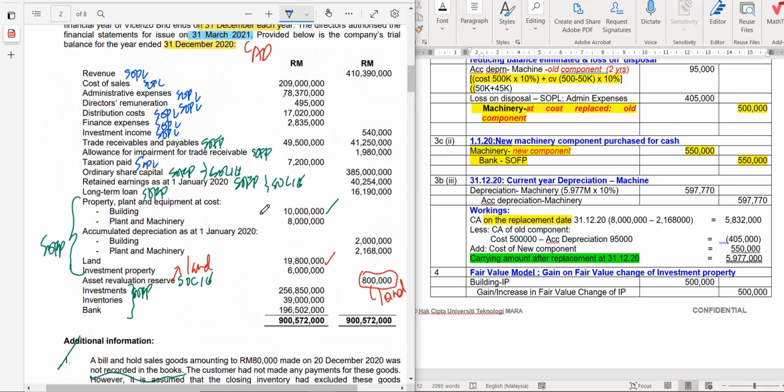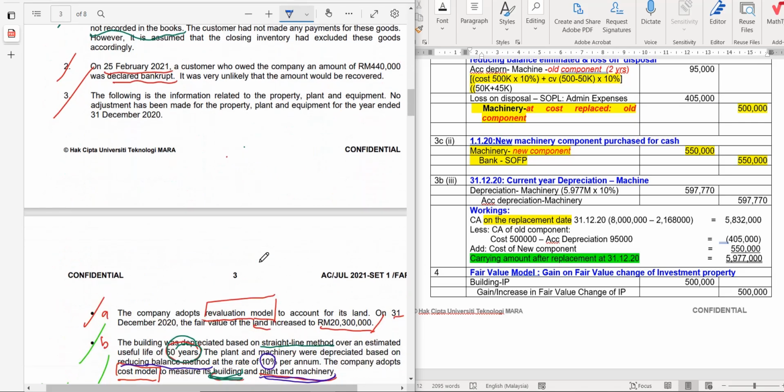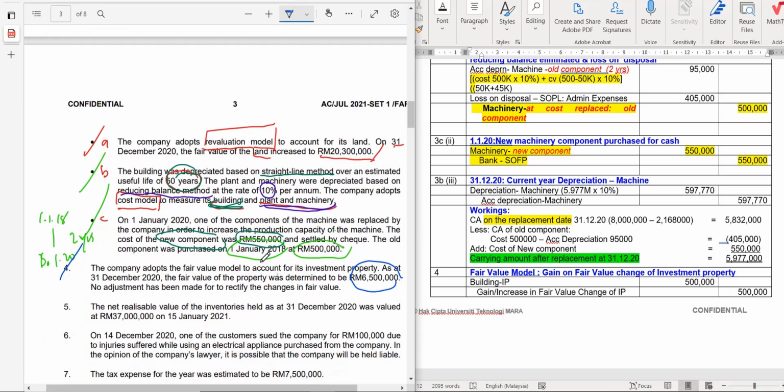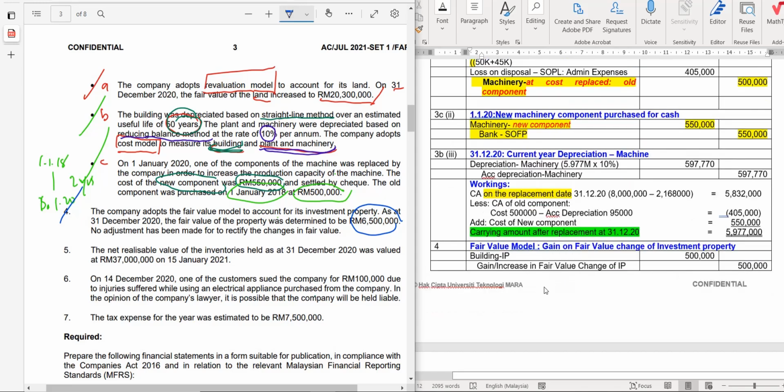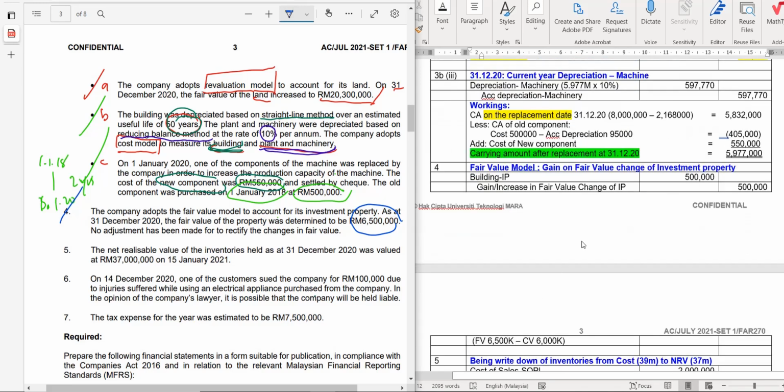So if you go to the trial balance, you will see that the amount is 6 million. So compare this 6 million with that information given there, 6.5. So you will see that the fair value is more.